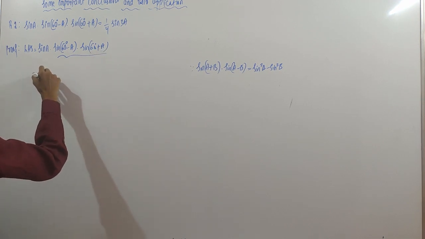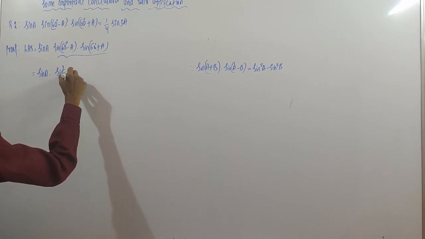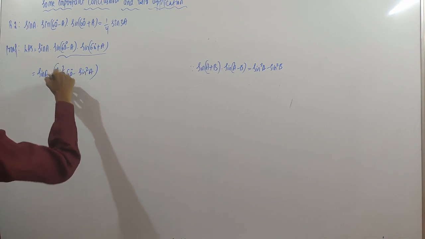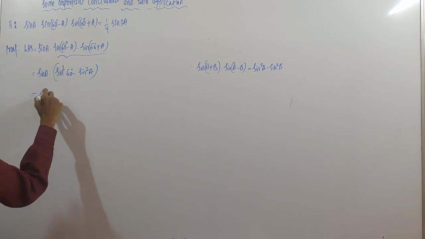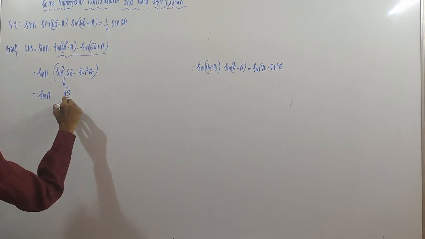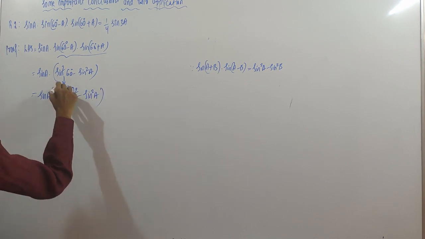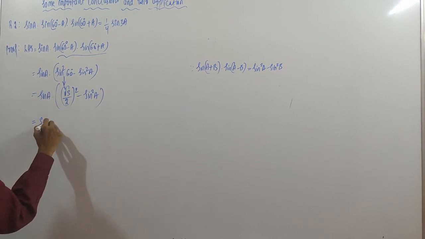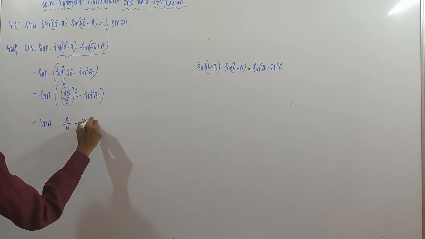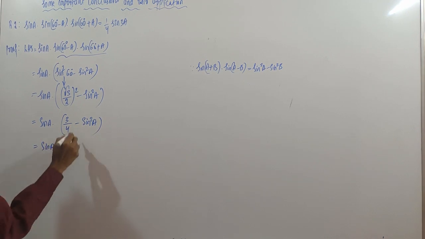We have sin A into sin square first angle 60 minus sin square second angle A. That is equal to sin A. Sin 60 value is root 3 by 2. Root 3 by 2 square minus sin square A. Now it will become 3 by 4 minus sin square A. Now take LCM here.